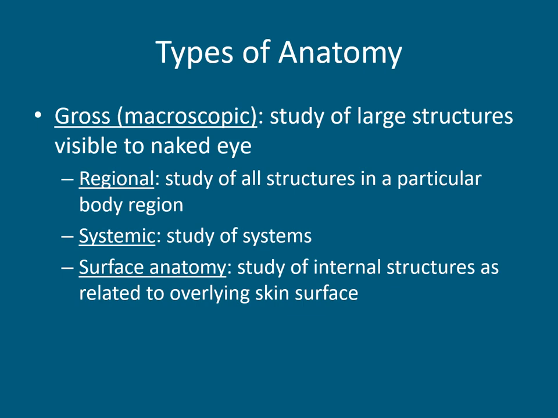So gross anatomy can be subdivided into things such as regional anatomy, where you're looking at all the structures in not the entire body, but just in a certain region. Or systemic anatomy, where you're looking at just the systems. And then surface anatomy is where you're looking at the structures that are internal just beneath the skin surface.